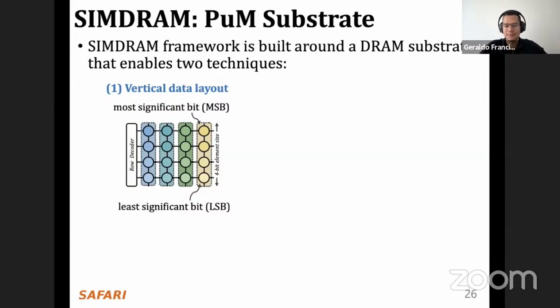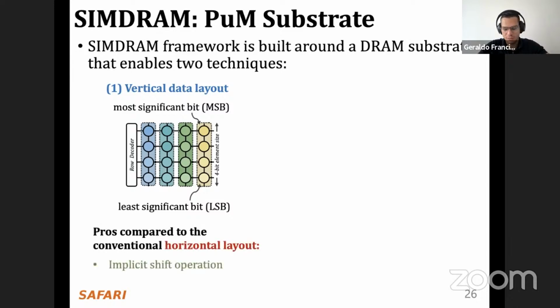However, by storing the words in a vertical data layout, we don't need to include the shifting network in the sense amplifier anymore, because now all of the operands are stacked on top of each other in the same bit line. So we do have communication within the same bit line for a particular computation.